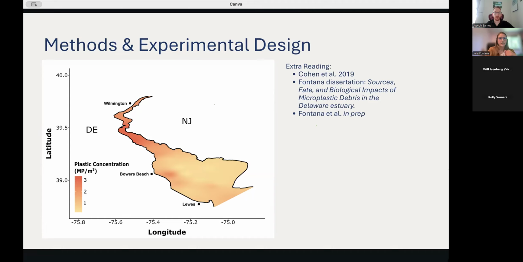We can see this breakout in the upper Delaware Bay, Delaware River area, north of Dover, north of Bowers Beach, between Wilmington and Bowers Beach, where we're seeing high concentrations of plastic pretty consistently. Versus down in Lewes or towards the New Jersey coast, we're seeing far less plastic in these regions.